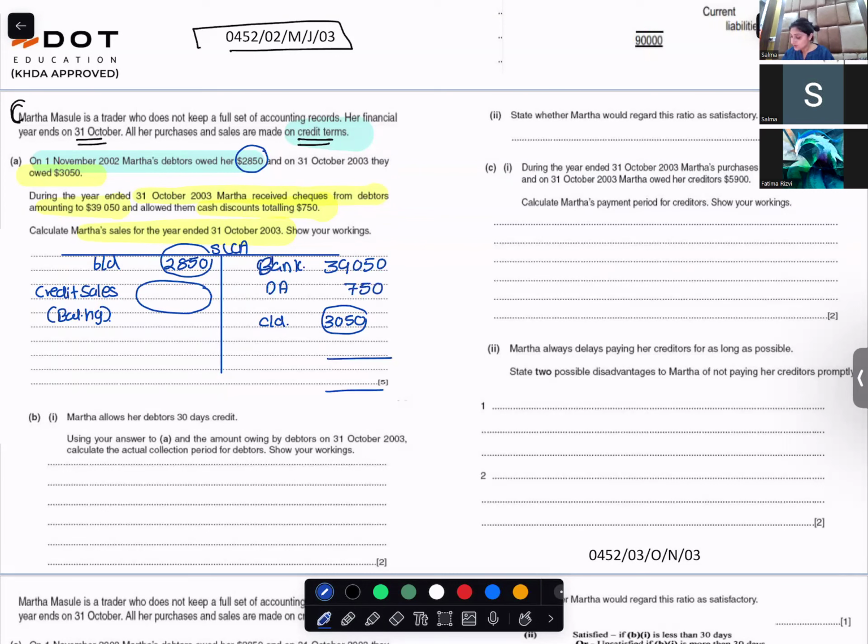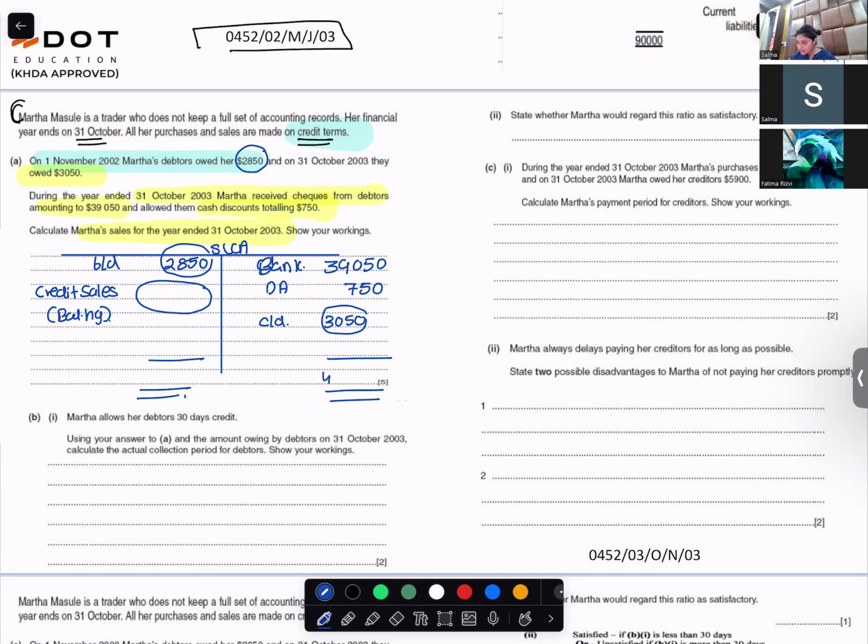So what is your total of the credit? 39,800. How 39,800? Your total of the credit is 39050 plus 750 plus 3050.